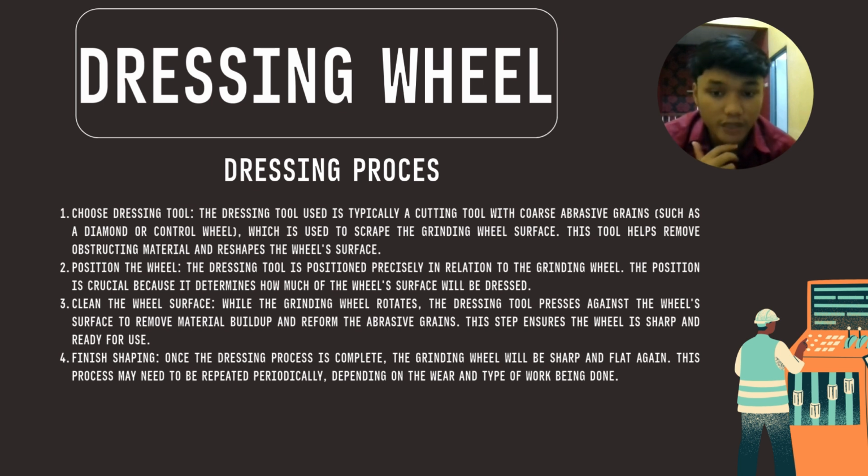And number four, finish shaping. Once the dressing process is complete, the grinding wheel will be sharp and flat again. This process may need to be repeated periodically, depending on the wear and type of work being done.